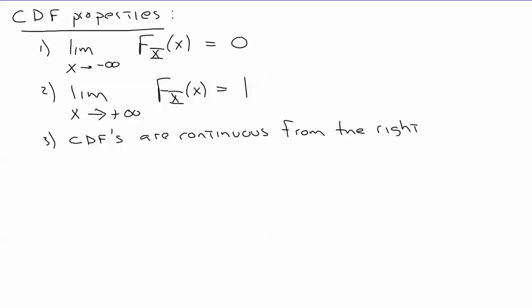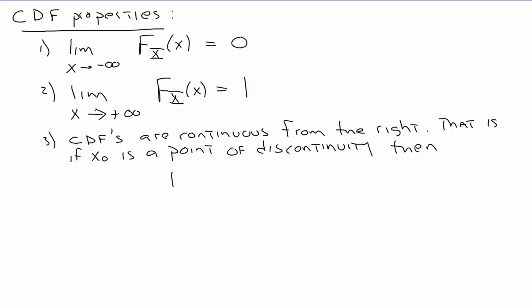That is, if x naught is a point of discontinuity, then the limit as x approaches x naught from the right, that plus sign means from the right, of the cumulative distribution function evaluated at x equals the cumulative distribution function evaluated at x naught. Okay?